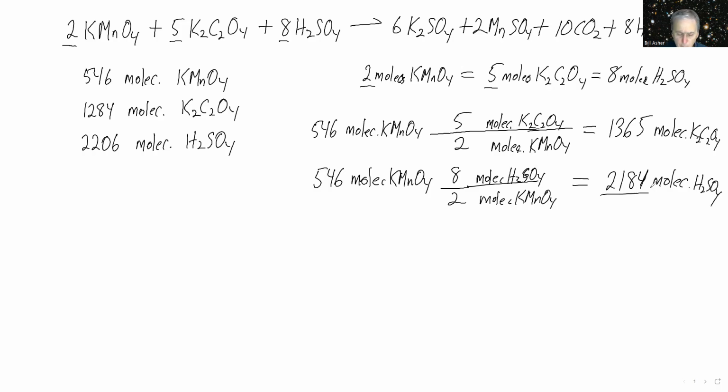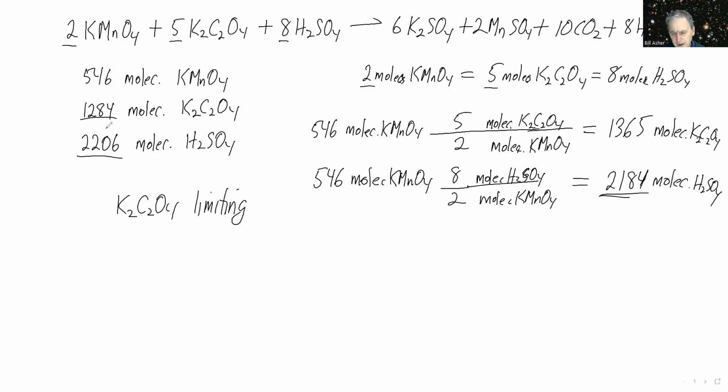So I need 2,184 and I have 2,206, which means that there's excess sulfuric acid. Excess sulfuric acid is good. It means it's not limiting, and that K2C2O4 is the limiting reagent here. So I've identified the limiting reagent: K2C2O4 is limiting, and that means I'm going to use up all the K2C2O4.